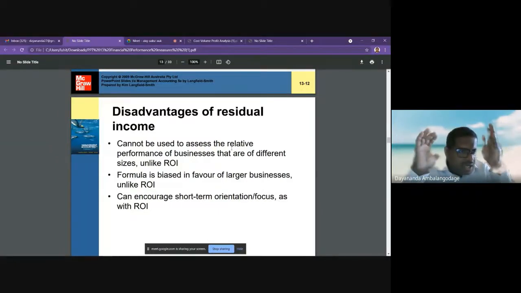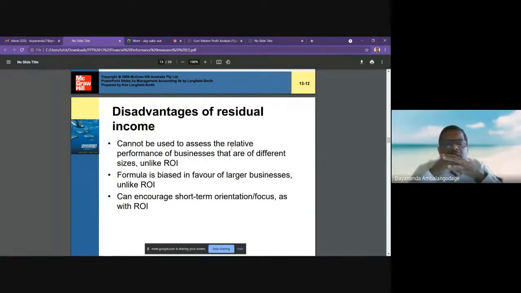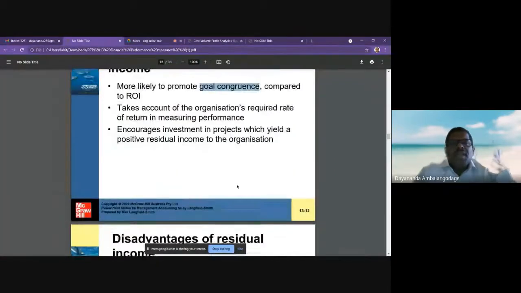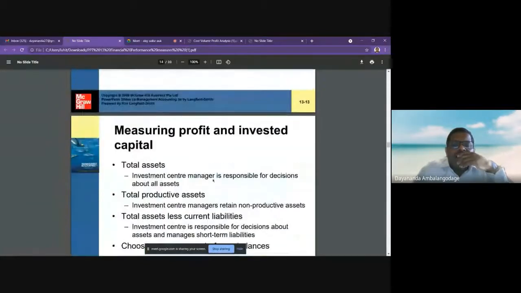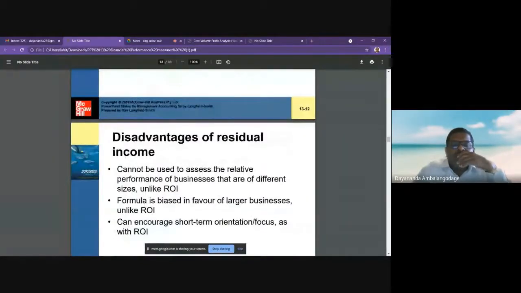Since RI is not a relative measurement, it's very difficult for you to compare. The formula favors larger businesses, so this is applicable for large organizations because the cost of capital is required. Without the cost of capital, you can't calculate RI. So the application of RI is a little narrow compared with ROI.